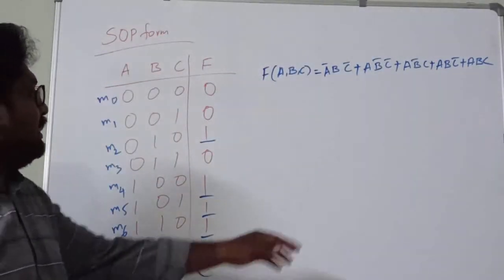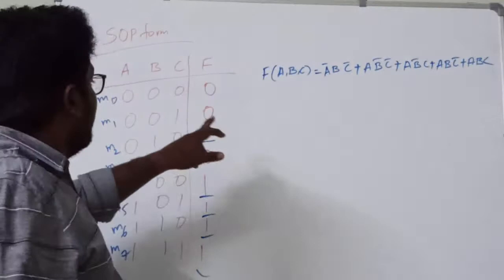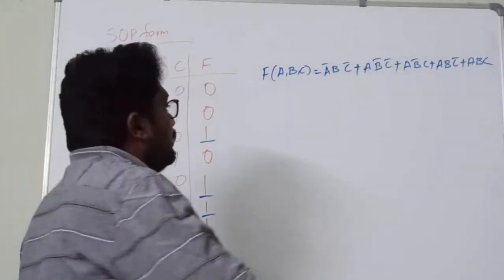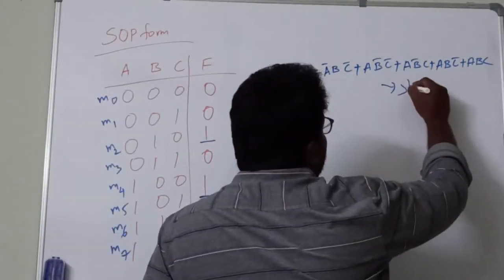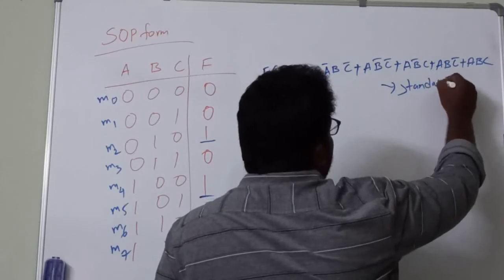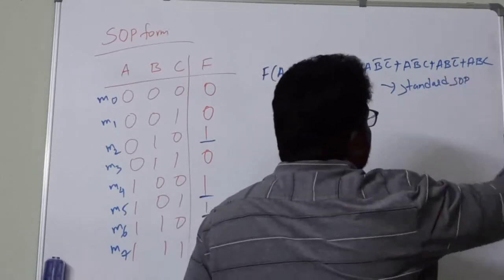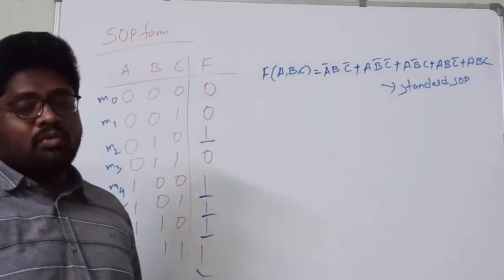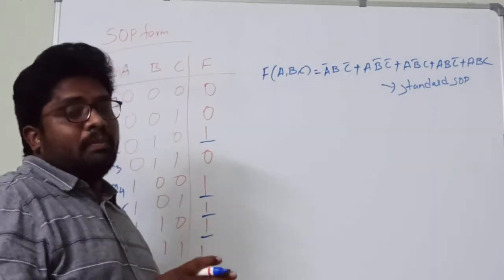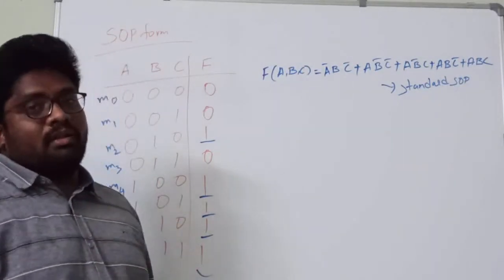This is the Boolean expression that we have obtained from the given truth table. This is the standard SOP, as we have used all the variables that are present in the given function, right?